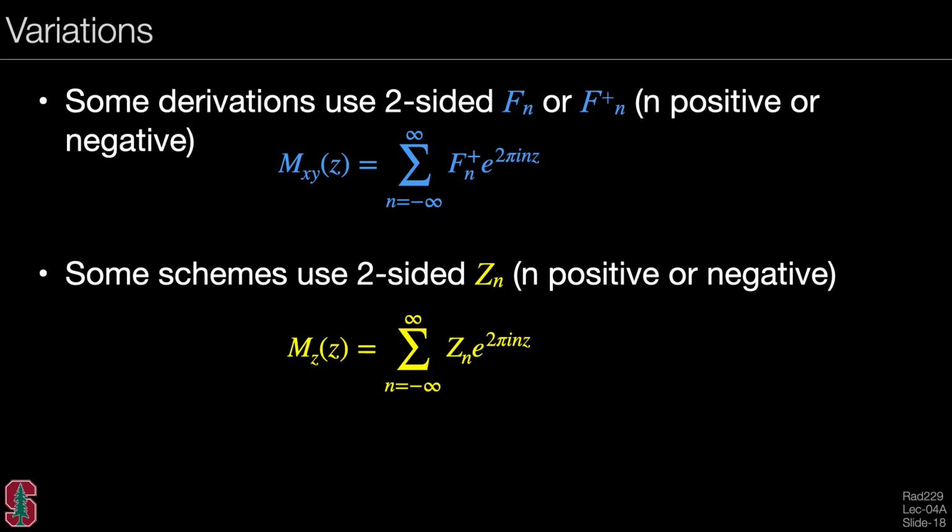There are also some schemes that use a two-sided longitudinal representation where the n can be positive or negative, and again the definition becomes a bit simpler in this case. So there are different reasons and advantages and disadvantages to these different representations. We're going to try to stick to one of them just for consistency, but just be aware that the others exist.